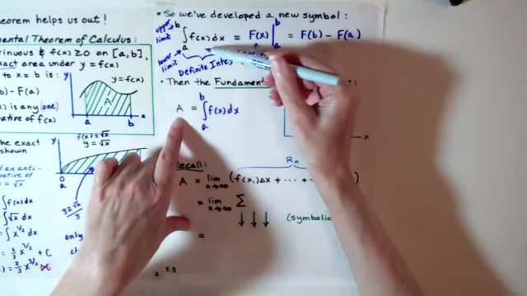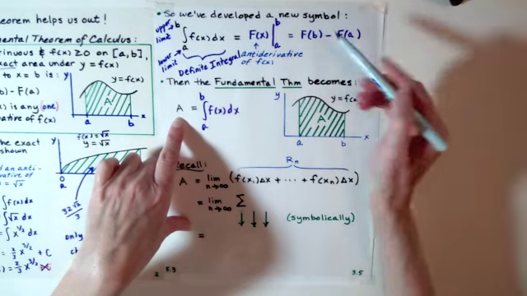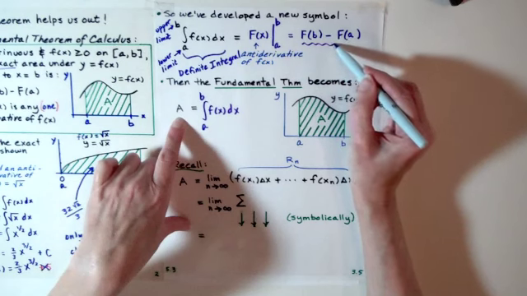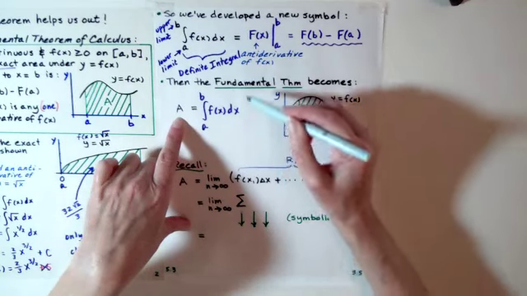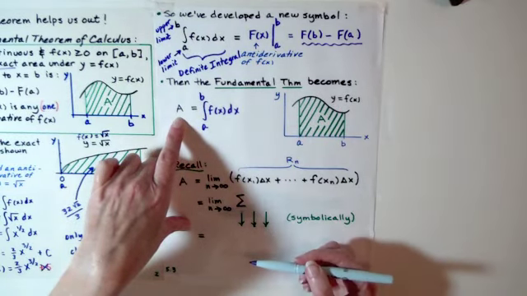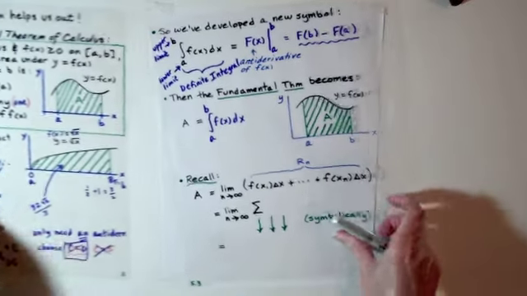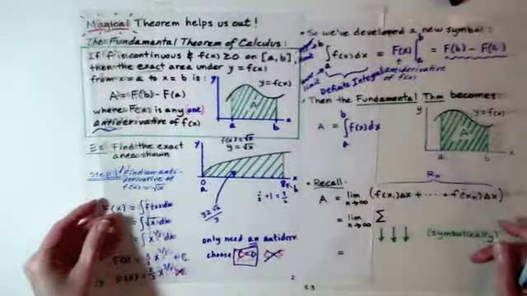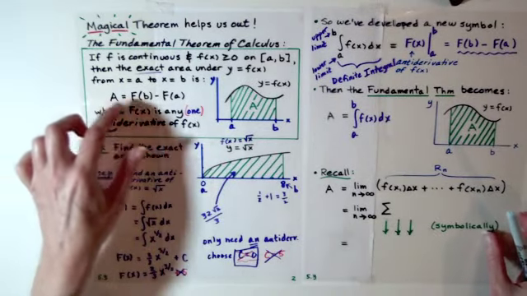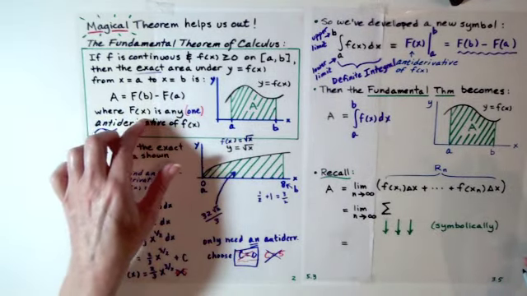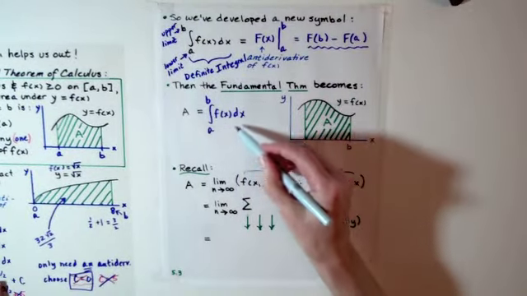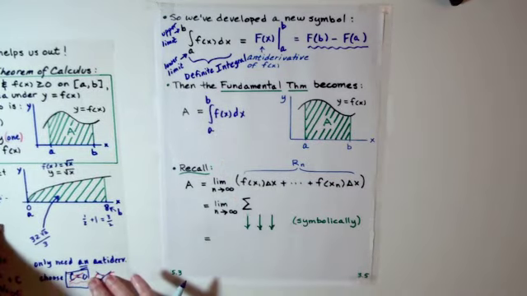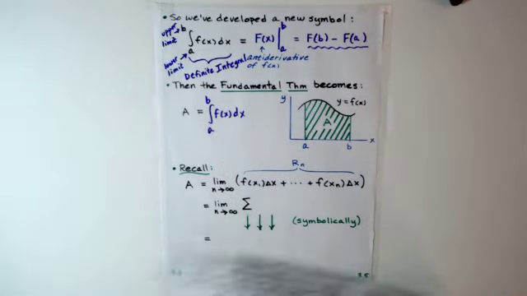Because remember what we said right up here was that that is capital F of b minus capital F of a when you go through and compute what this new symbol means. So it's another way of writing it instead of having to spell all of this stuff out. We get to write it all in one neat symbol, which we are calling a definite integral symbol.